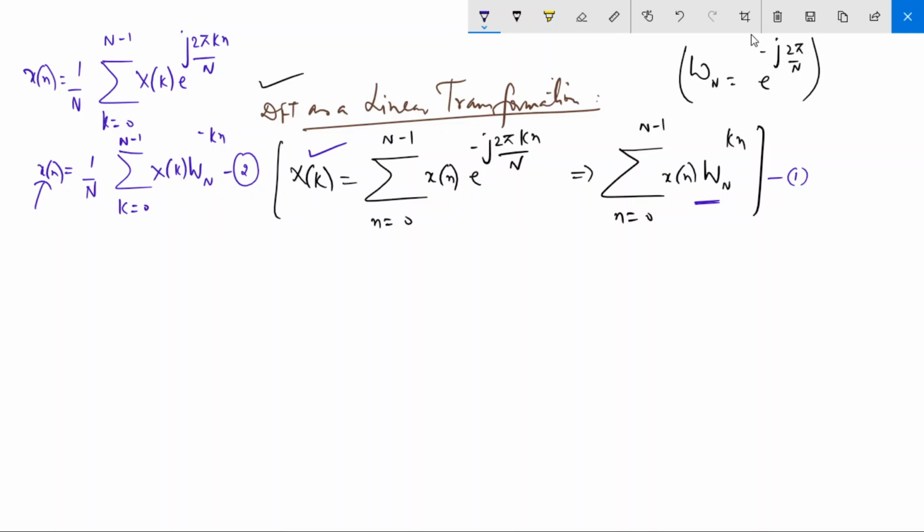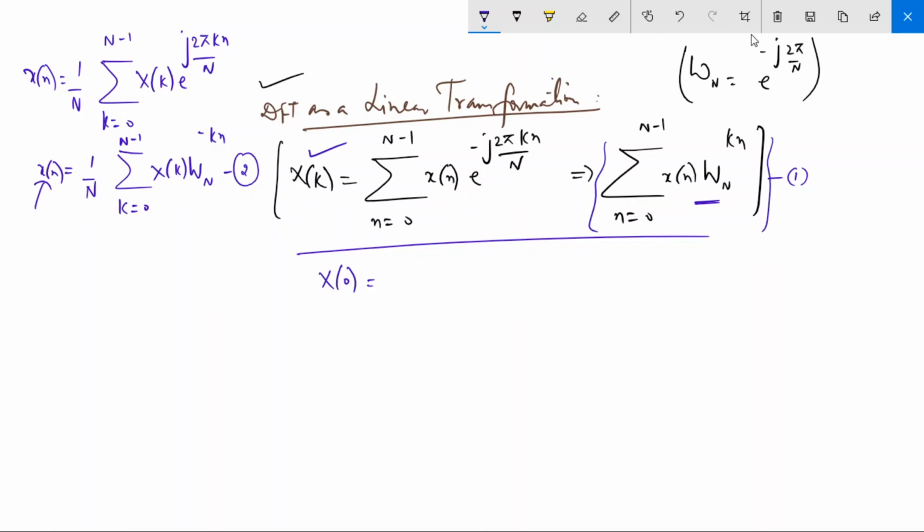Now when you compute DFT, it can be computed using a matrix multiplication or a matrix transformation. And how do we do that? Suppose in this equation you compute X[0], the first sample.